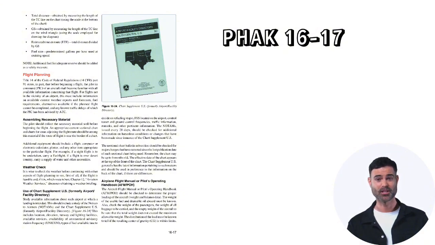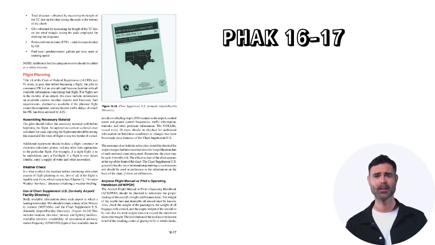This should include a study of the Notices to Airmen (NOTAMs) and the Chart Supplement U.S. This includes location, elevation, runway, and lighting facilities, available services, availability of Aeronautical Advisory Station frequency, UNICOM, types of fuel available (used to decide on refueling stops), FSS located on the airport, control tower and ground control frequencies, traffic information, remarks, and other pertinent information.